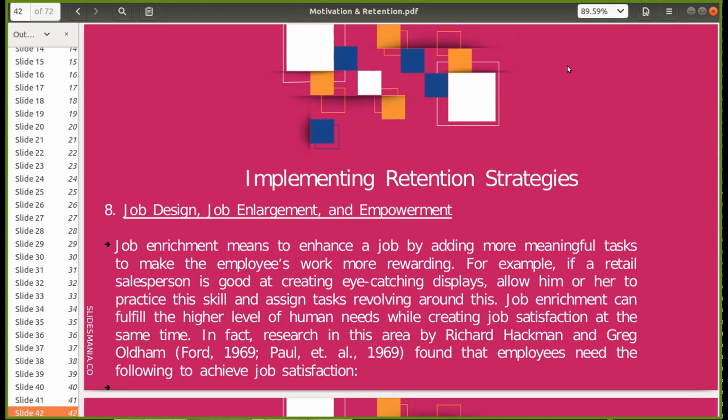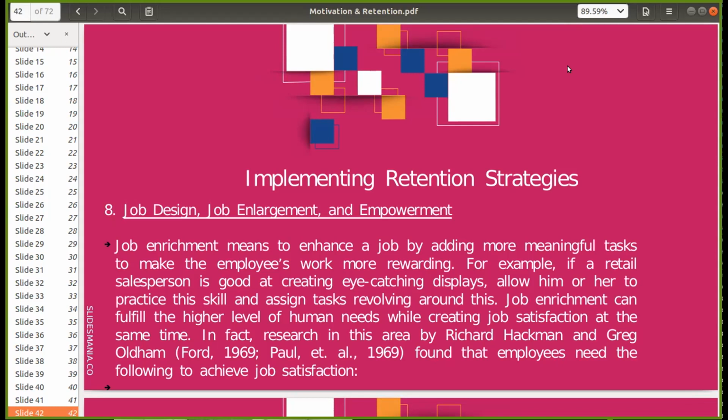Ng mga crafts, yun, no? So, inaalaw silang i-apply yun sa opisina or sa trabaho. No? Kaya nga kayo, di ba, mga marketers, kumbaga we bring out the best in you eh, lalo na kayo marketers, no? So kailangan creative, so ayan. And they allow employees to practice their skills and assign tasks revolving around this.